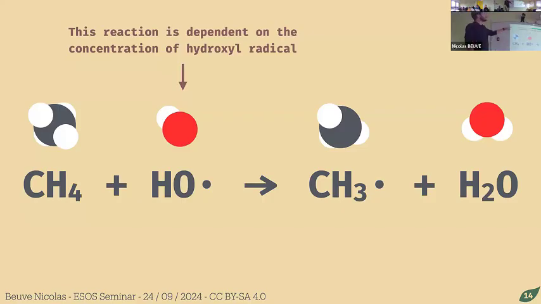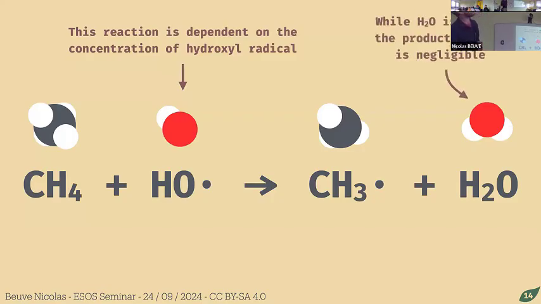The problem is that this equation can only be true if we have hydroxyl radical in the atmosphere, and the amount of hydroxyl radical in the atmosphere changes over time. So even if today we are able to reduce the amount of methane in the atmosphere, maybe tomorrow, if we have less hydroxyl radical, the atmosphere will be less able to deal with the quantity of methane.